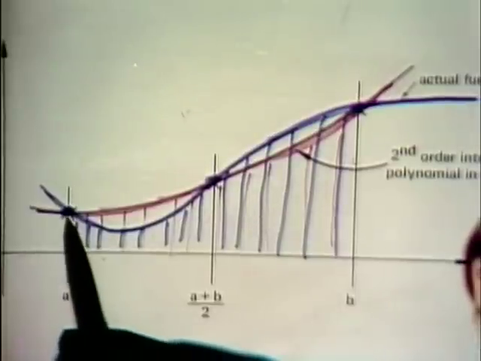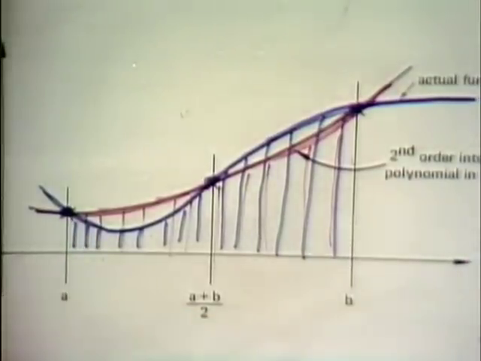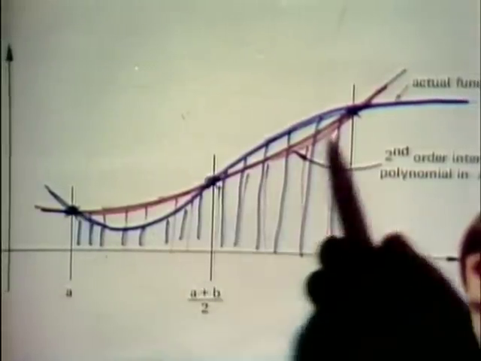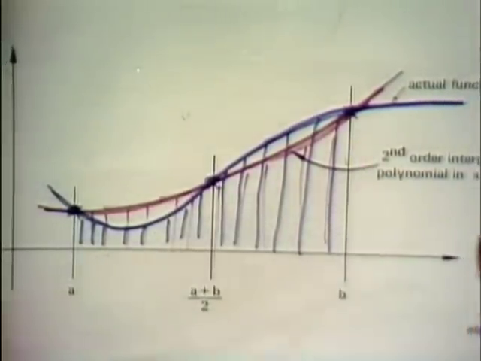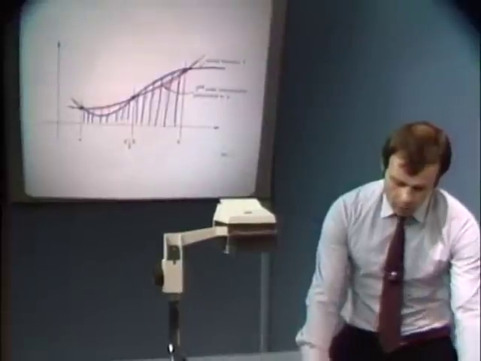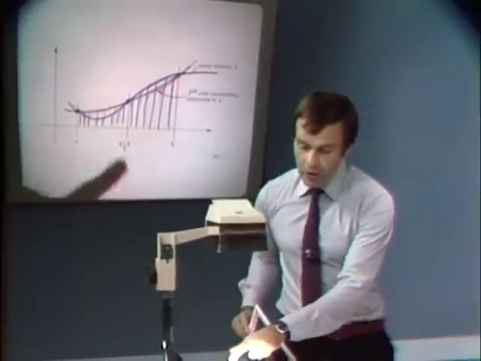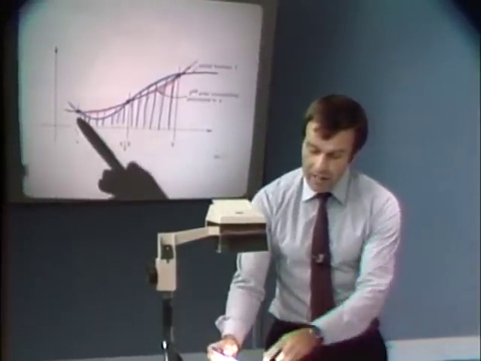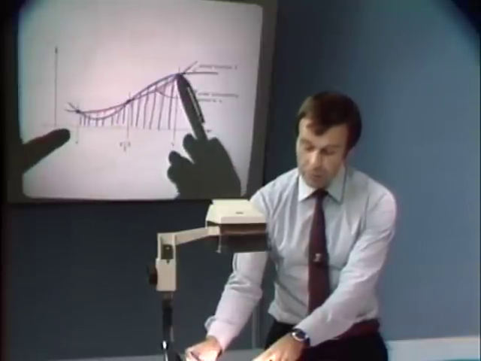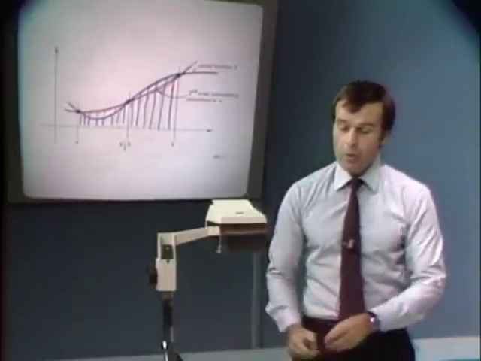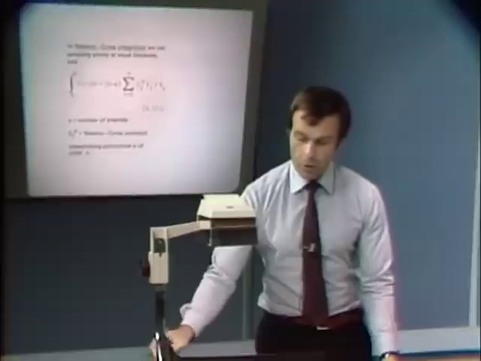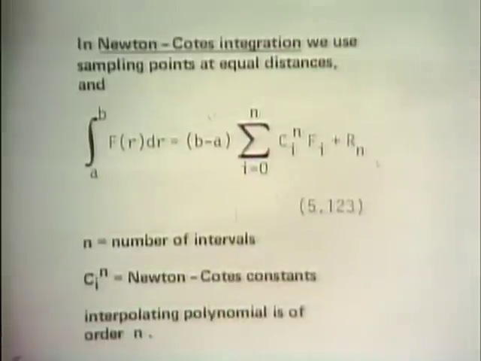And we will have to somehow develop certain constants, the alpha ij's that I talked about earlier, that multiply this function f in order to evaluate the area, the red area here, accurately. Well, if we do that, in other words, if we integrate the red area using these three function points, then we obtain the Simpsons rule, and this is just one rule of the more general Newton-Cotes integration.